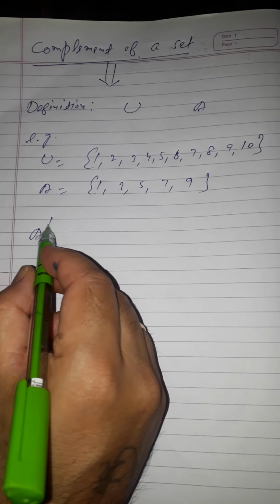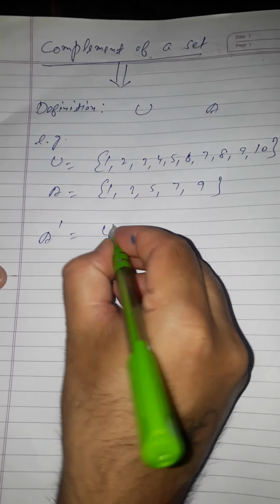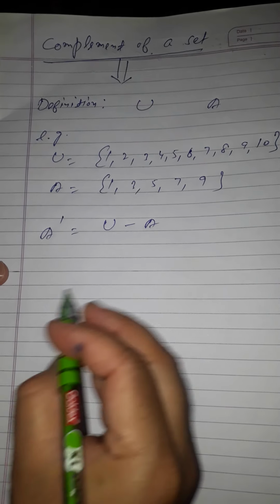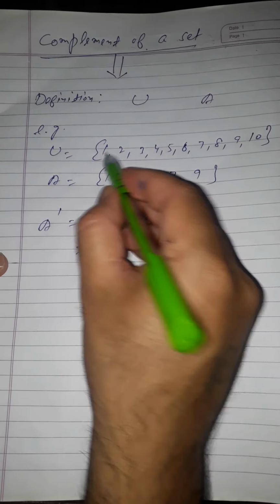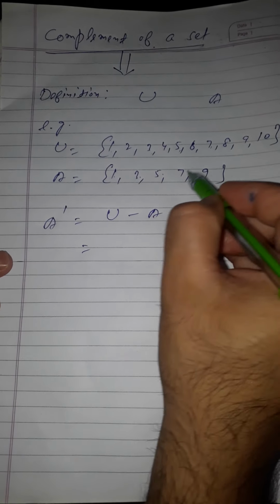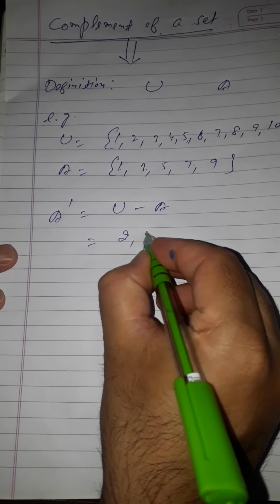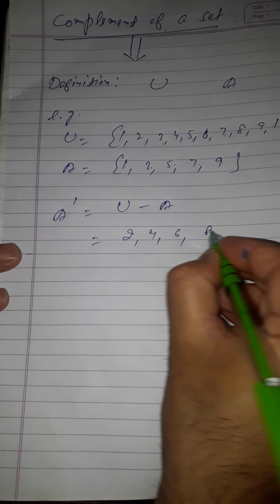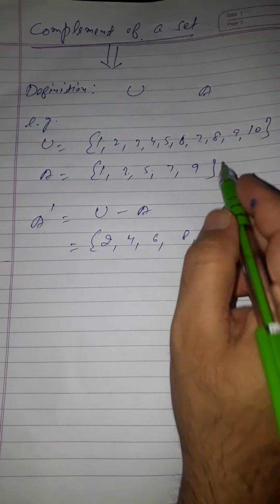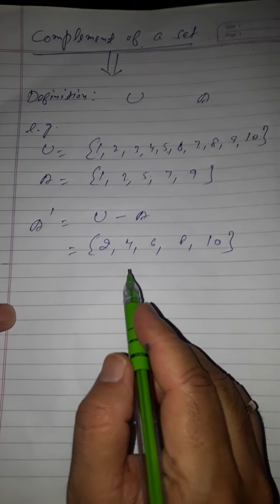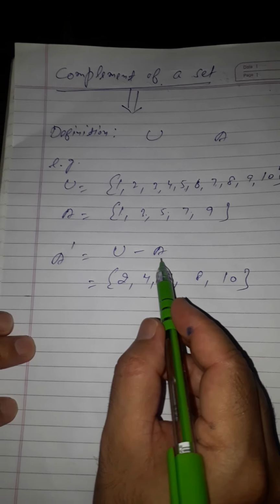We can say A dash, or we will read it as complement of A, that is equal to U minus A. U minus A means: 1 is there, 3 is there, 5 is there, 7 is there, 9 is there, and the rest of the elements, that is 2 4 6 8 10, will come. Now with the help of the example you can understand the definition, students: A complement is equal to U minus A.